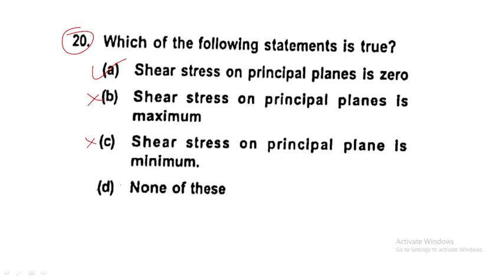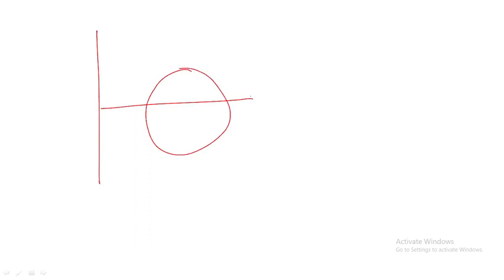How? Let me draw the diagram so that you can understand easily. Right? This is a circle. We can say this is the normal stress axis.